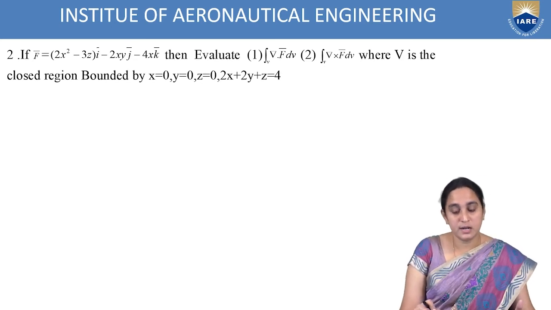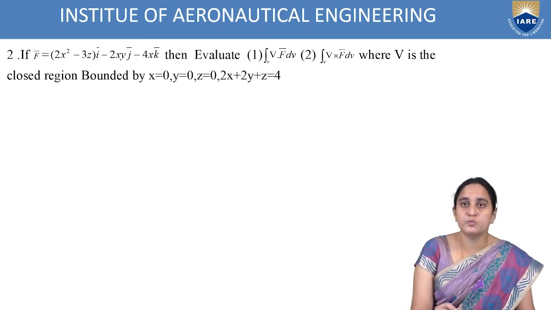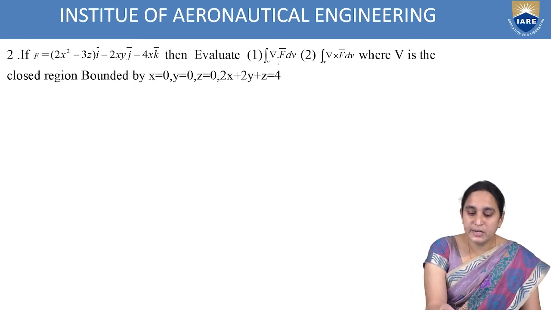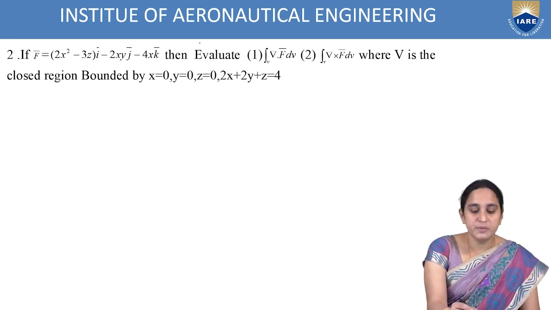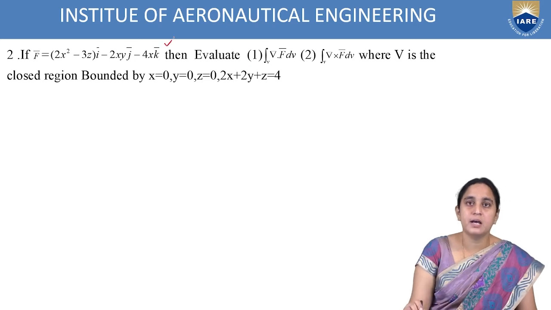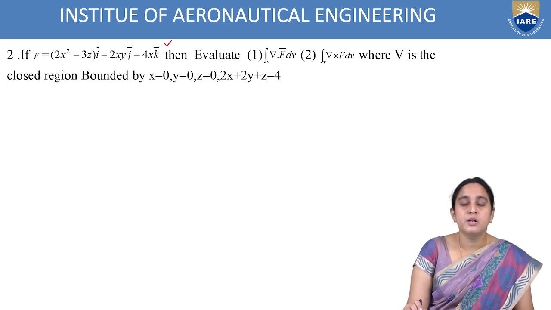First I'll start with the first question. What about the first question form here? Integral v del dot f bar dv, which is in the form of del dot f bar, that is the product of del into f bar. From the given question, what is f bar? f bar is equal to 2x square minus 3z into i bar minus 2xy into j bar minus 4x into k bar.